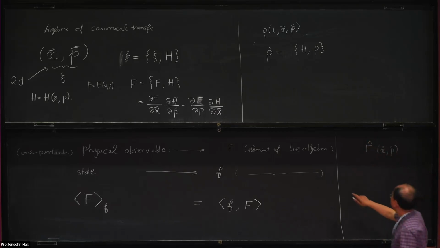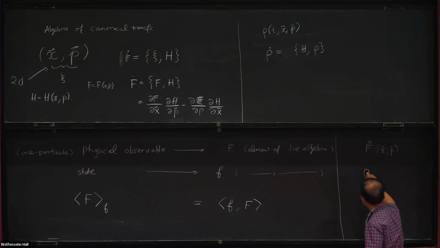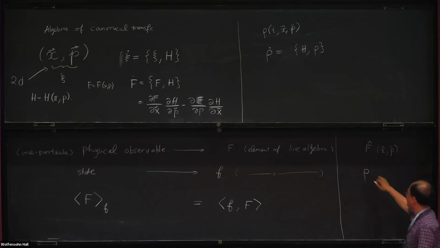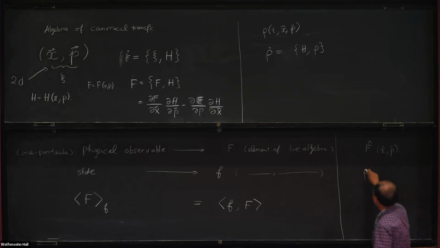A state is given by a density matrix rho. So in quantum mechanics, it's still a symmetric Hermitian matrix, so one can interpret that as an operator in the Lie algebra. And this one is just the trace of rho and F.